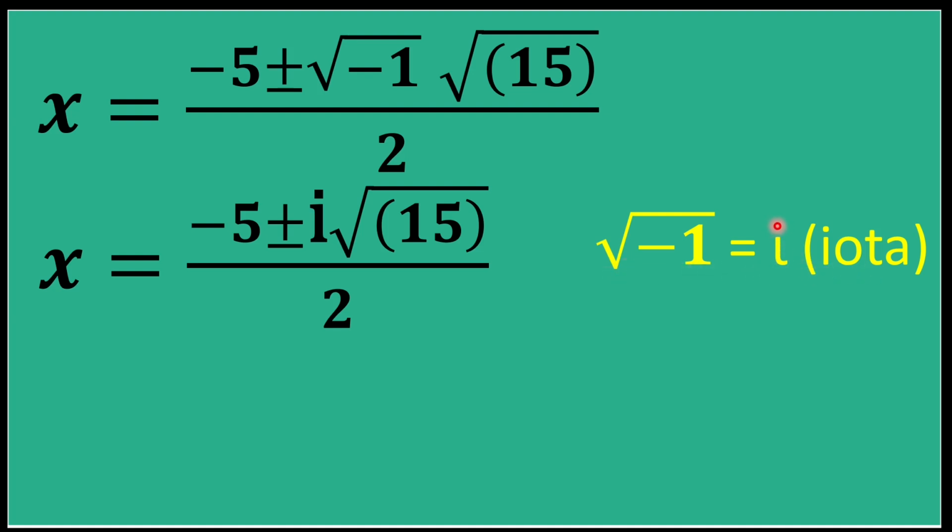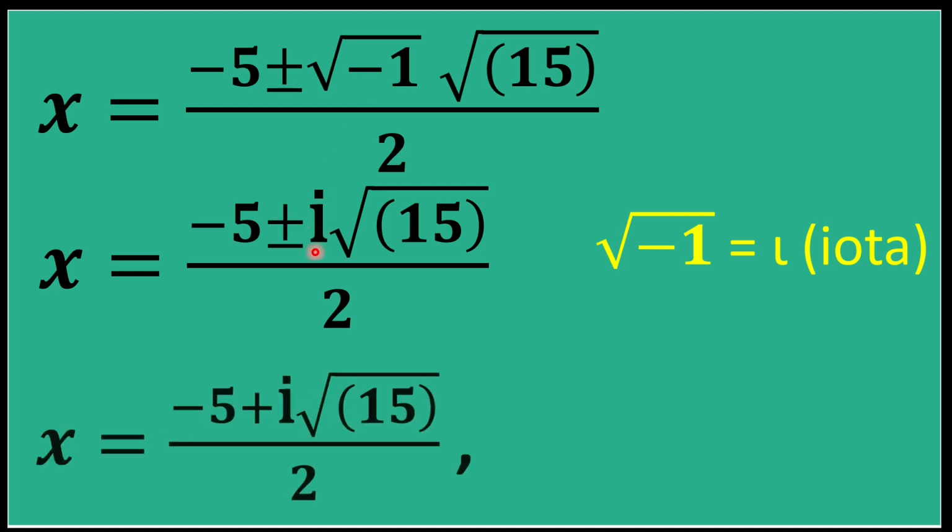Sometimes this looks like this in some cases. Whatever you call it, this is called iota. So this is basically iota, and under root minus 1 equal to iota. So we have introduced iota over here.